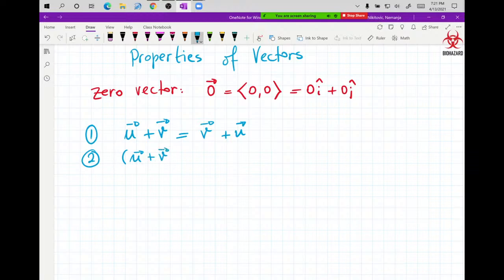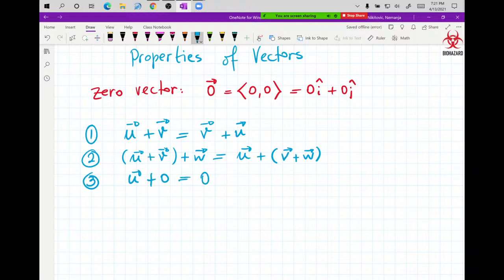So u plus v plus another vector w, we can add v and w first, and then add u to that. 3, if you add your vector to a zero vector, you will always get your original vector back.